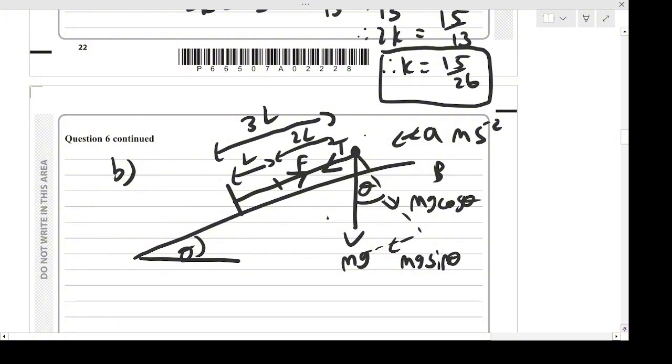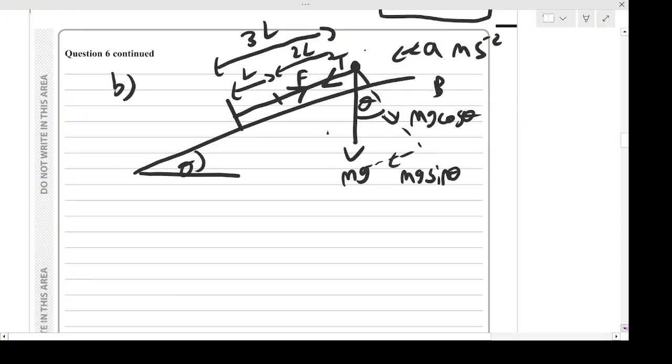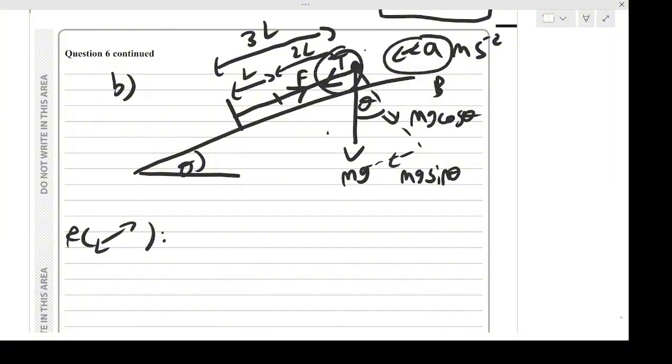So now, as I said, we're going to use F equals ma. So if we resolve parallel to the plane, so if we take down as positive because a is going downwards, well, my tension force is acting down, as is this mg sine theta. That's acting down the slope.